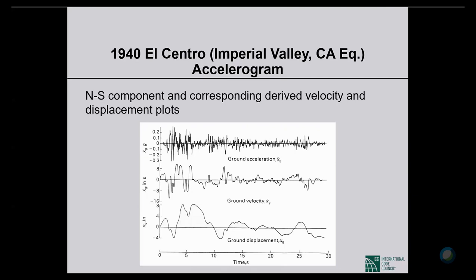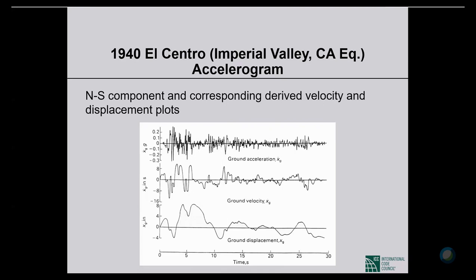So the ground goes back and forth, displaces back and forth, but not with the same frequency. Now, although this is one component of one earthquake, the north-south component of that particular earthquake, the general things I said are true of all earthquakes.